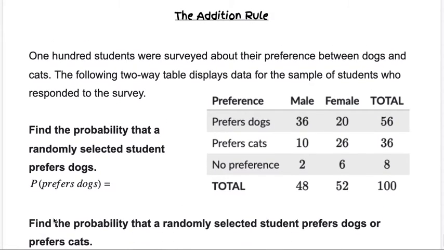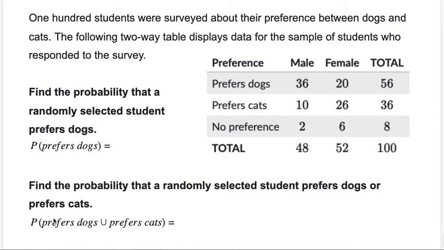Before we do, we're going to look at a few quick examples, including probability. So the probability that a randomly selected student prefers dogs, pause and read this if you like. We've got 56 students who prefer dogs out of 100, so that's going to be 56 out of 100.